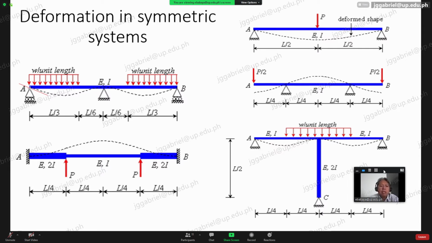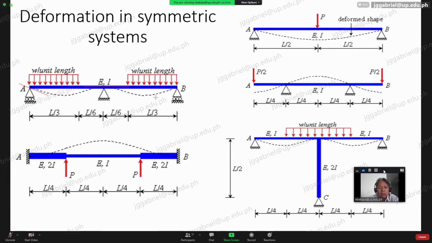Because it is pin connected at these points. But then this one, since nako-compensate yung rotation niya on the left side and the right side, the slope here is 0.